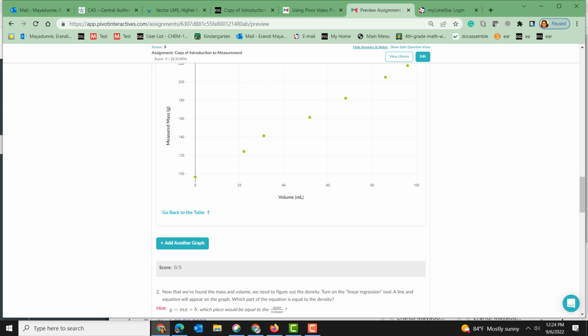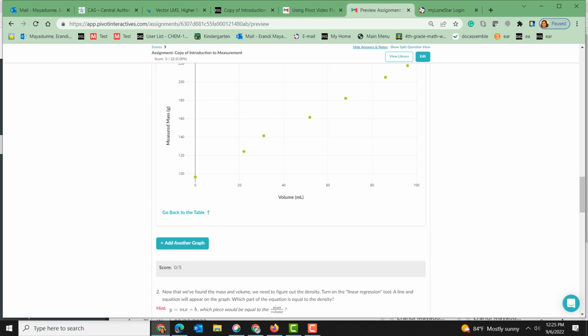The graph equation is y equals mx plus c. The y-axis is mass, and c is the intercept. The x-axis is volume.